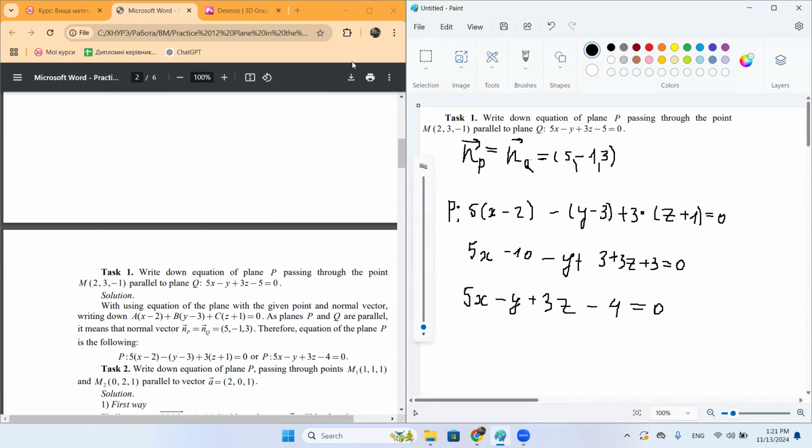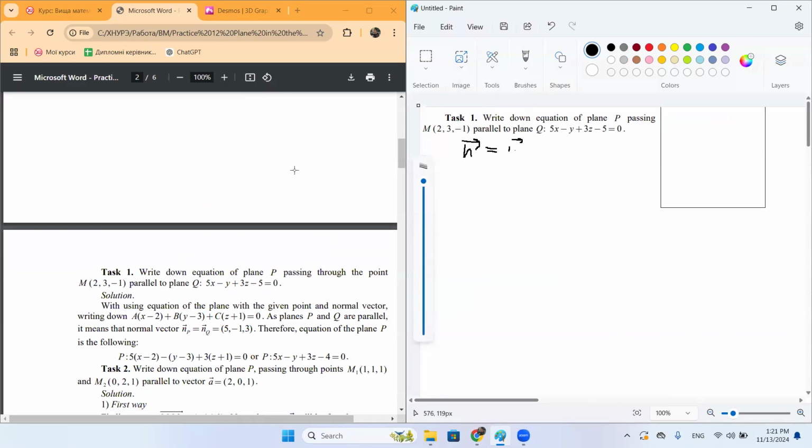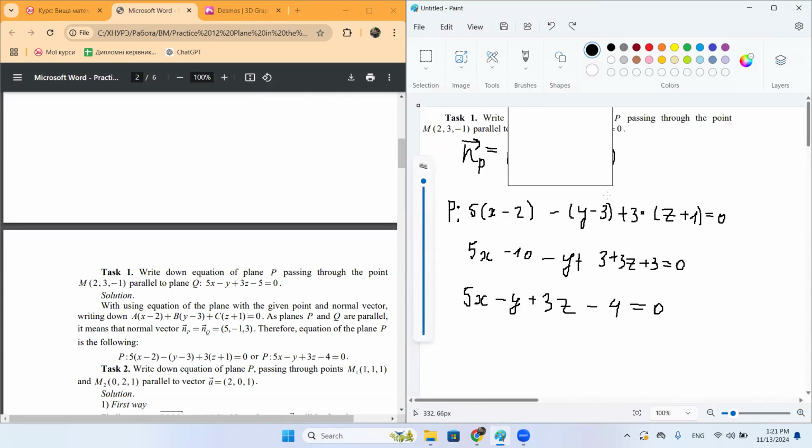So next task. Maybe any questions about this task or no questions? Okay, return back. Where did minus 5 go from the Q equation?